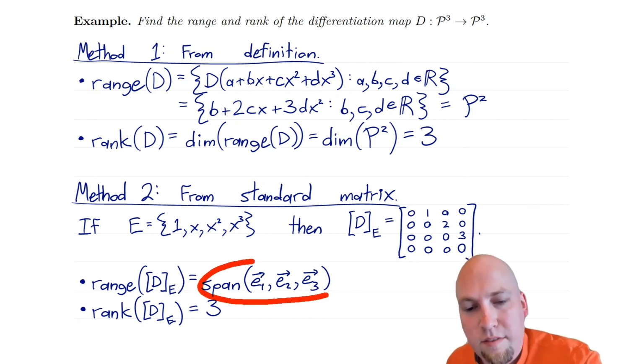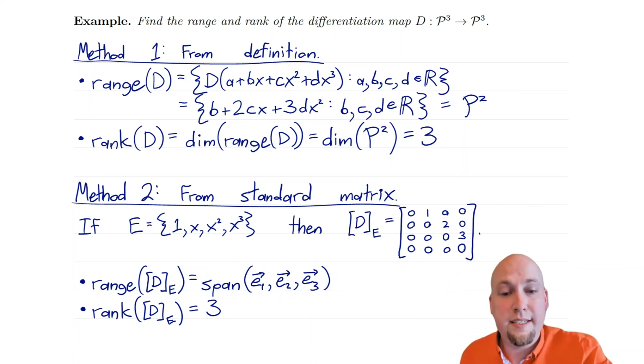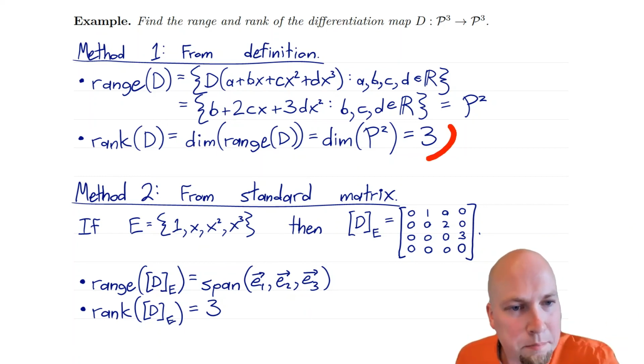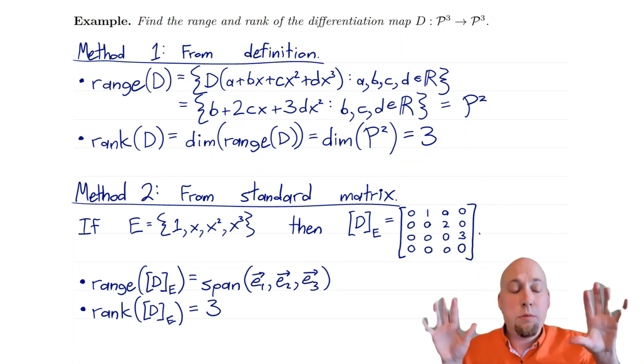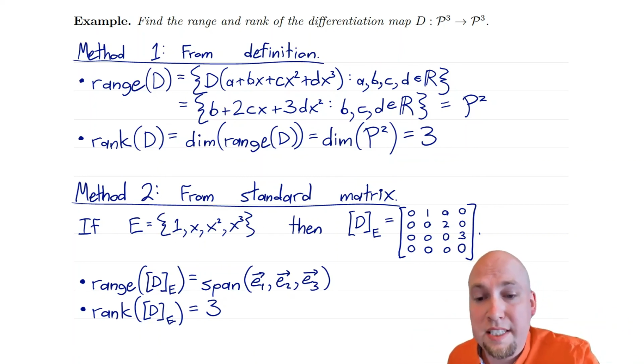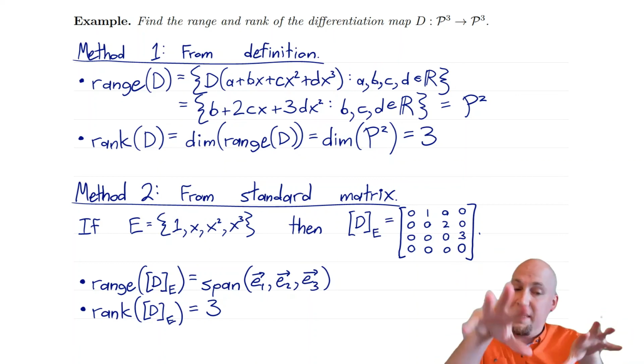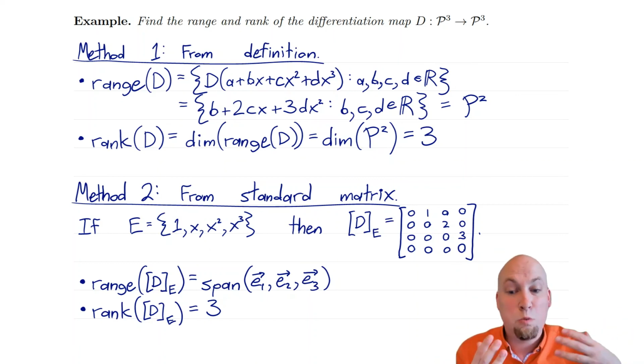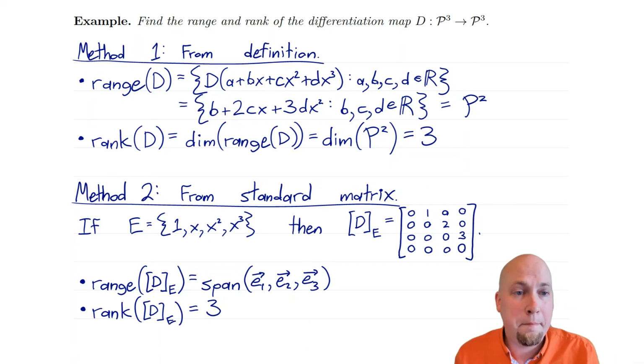The dimension of the range is again 3, since it's the span of these 3 linearly independent vectors. So the rank is 3 as well, which again matches. And that will always happen. Even if I used a different basis to represent my derivative linear transformation, you'd get different matrix representations, but the rank is always going to be the same.